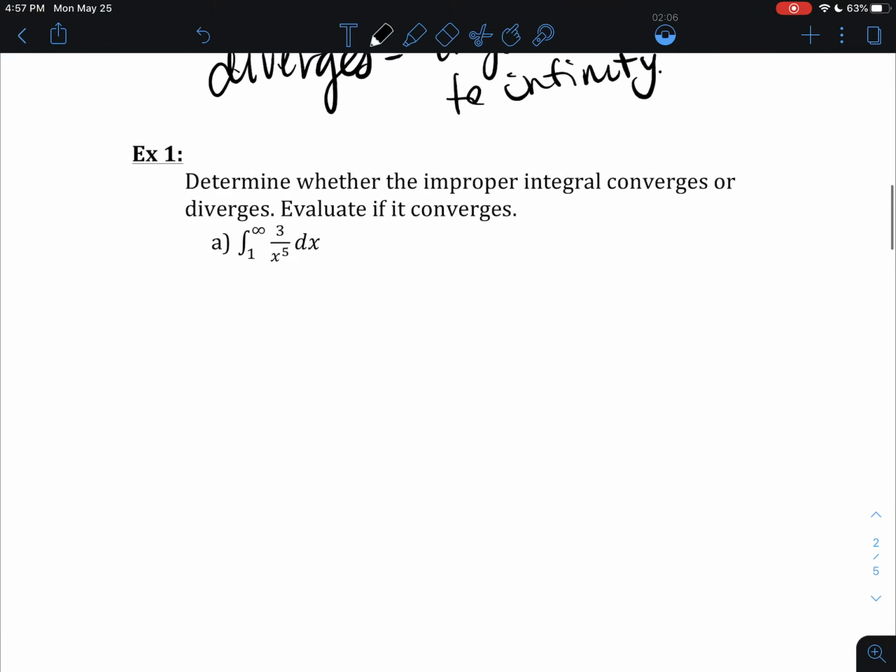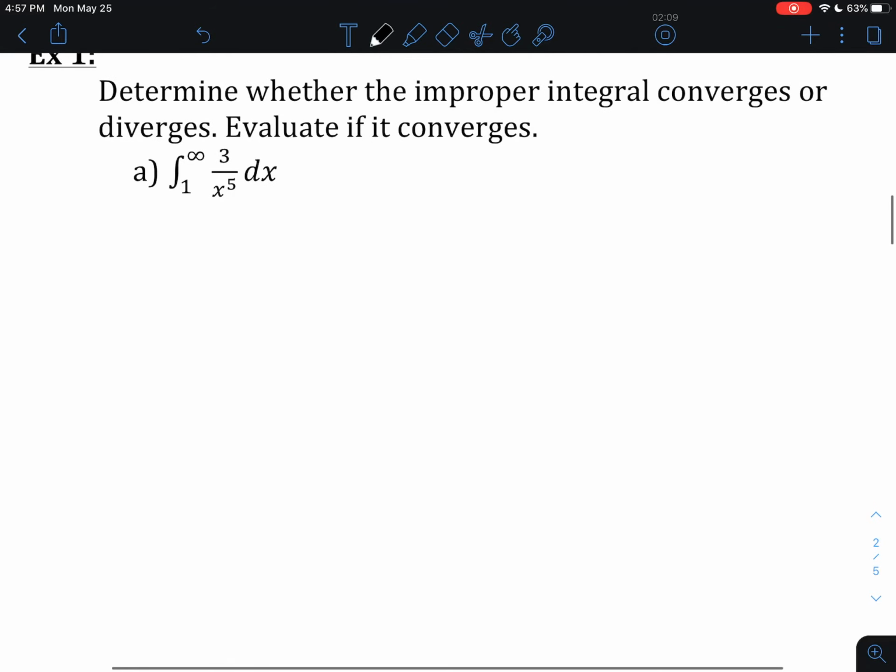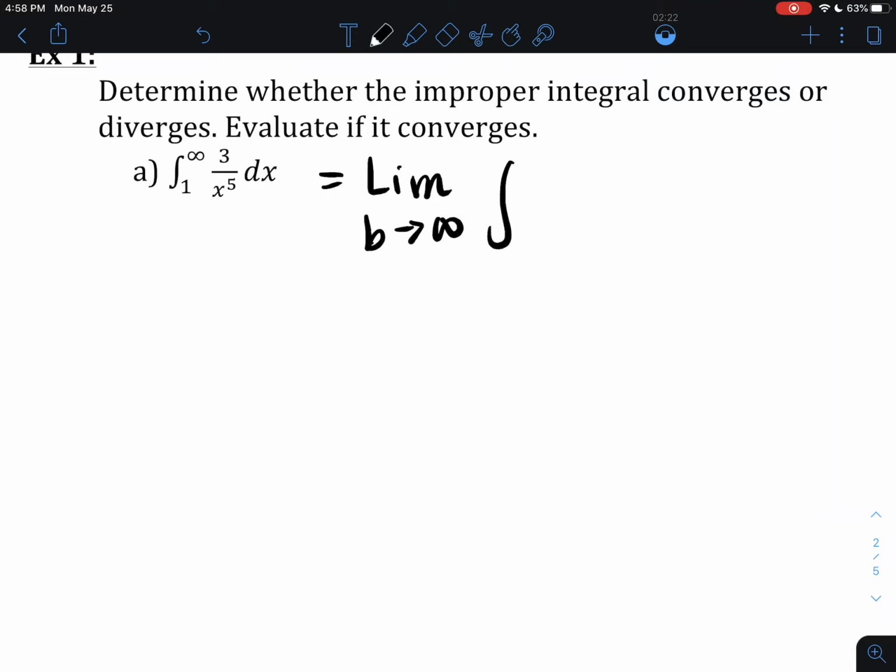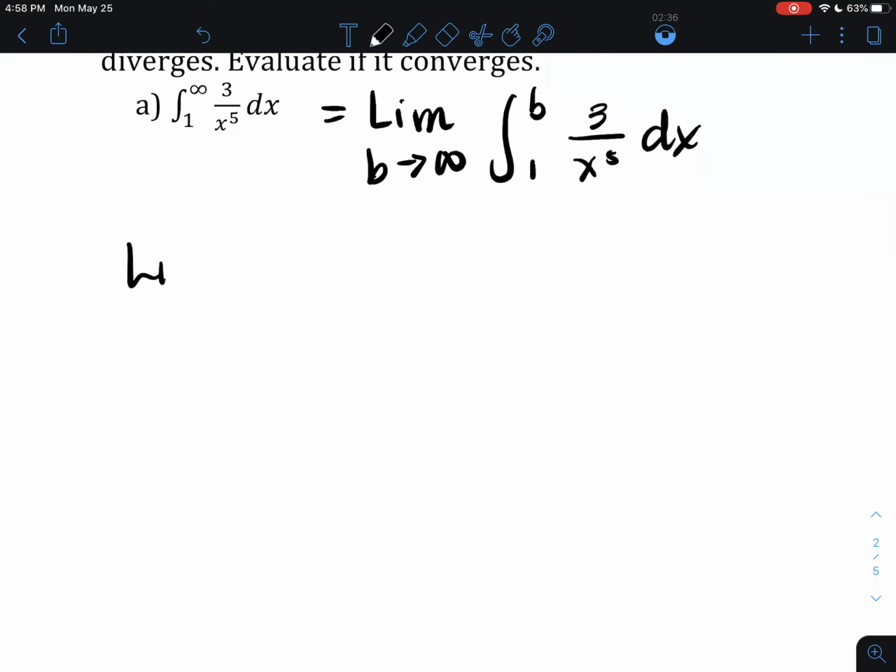Okay, so let's do the problem. Since we can't have the integral to infinity, I'm going to do the limit as b approaches infinity, and I'm going to make that integral 1 to b, still writing dx.